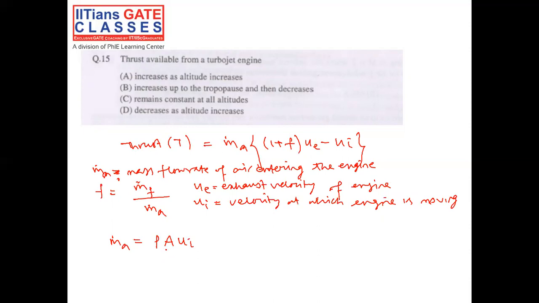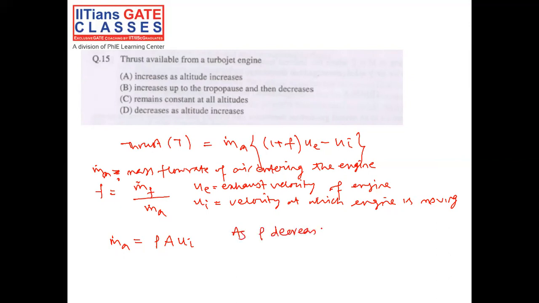Now this A is the area of the engine nacelle, which is the front area of the engine, and rho is the density of the air. So as this density decreases as altitude increases, ma dot also decreases with altitude, and for that reason thrust also decreases with altitude.